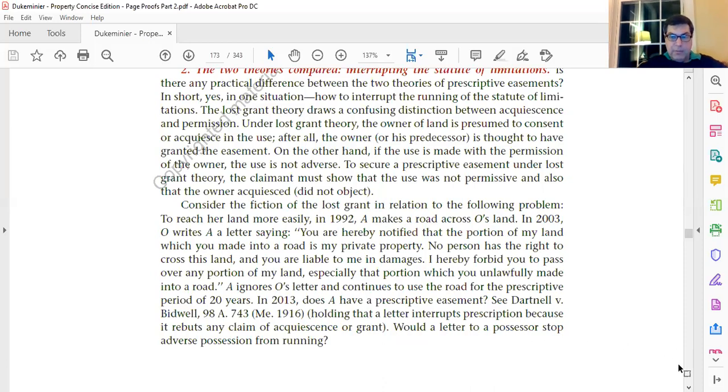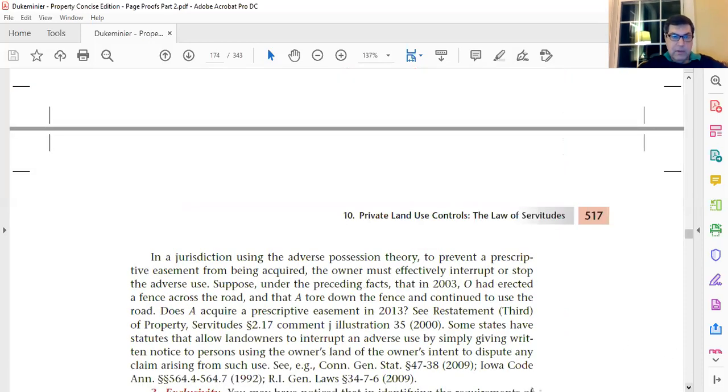Now, over at the top of page 517, the authors say that suppose, under the preceding facts, that in 2003, O had erected a fence across the road, and that A tore down the fence and continued to use the road. Does A acquire a prescriptive easement in 2013? And we're in a jurisdiction that is using the adverse possession theory for a prescriptive easement rather than the lost grant theory.